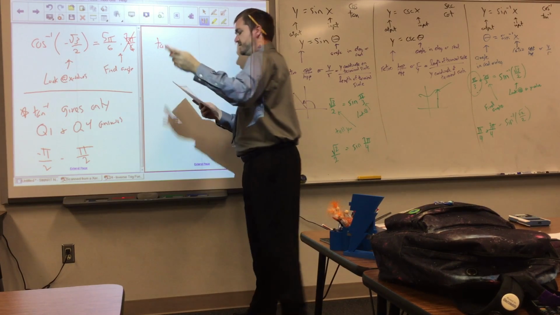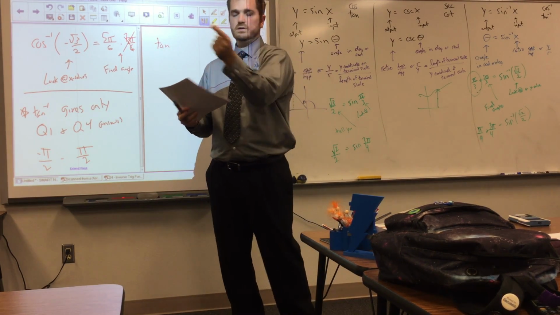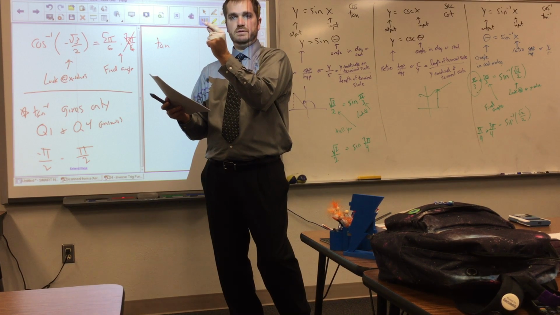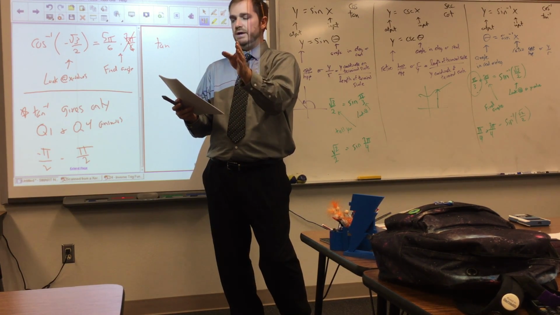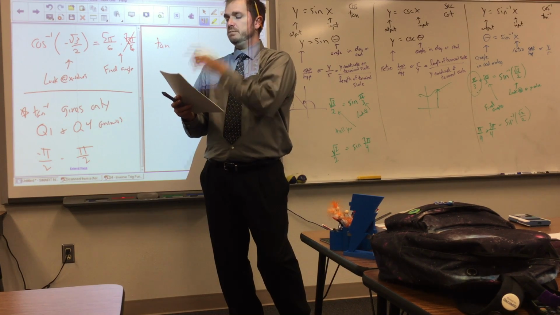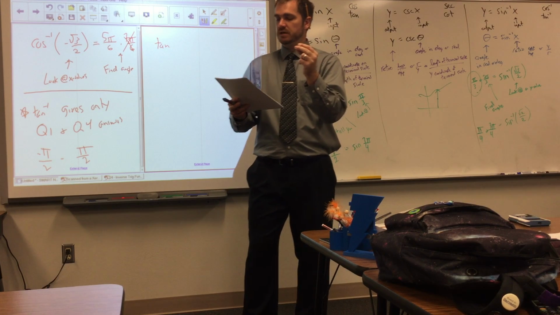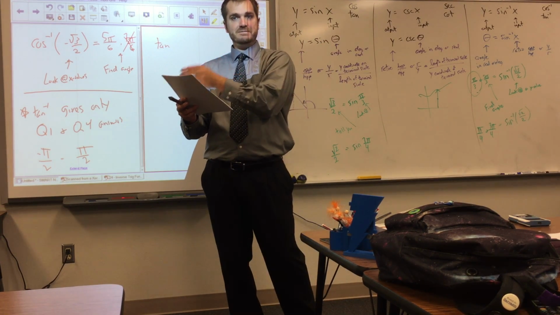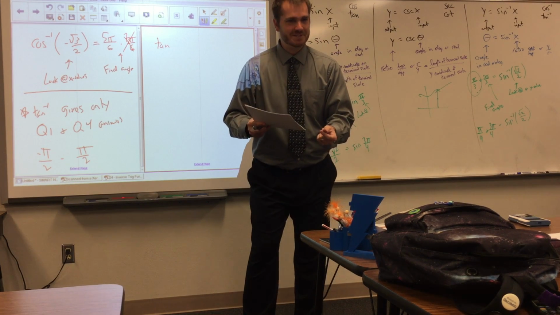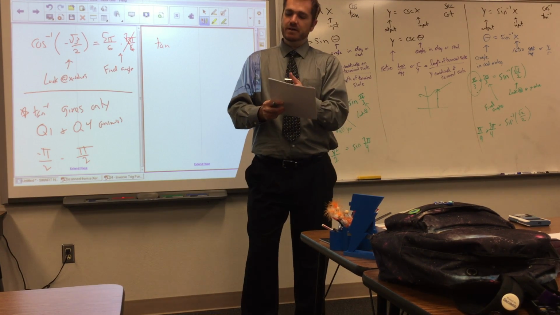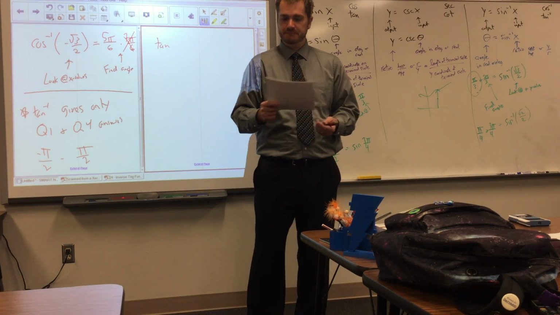If I said what's the sine of pi over 6, you can get that no problem, because sine means look for the y value. It's 1/2. If I said what's the cosine of pi over 6, you could say root 3 over 2, right? But if I said what's the tangent of pi over 6, oh no. There's nothing there. Fractions on fractions.